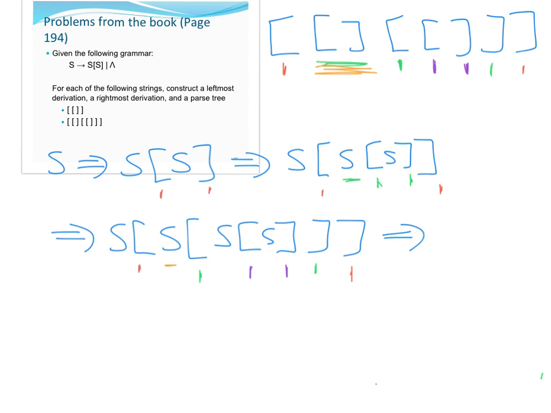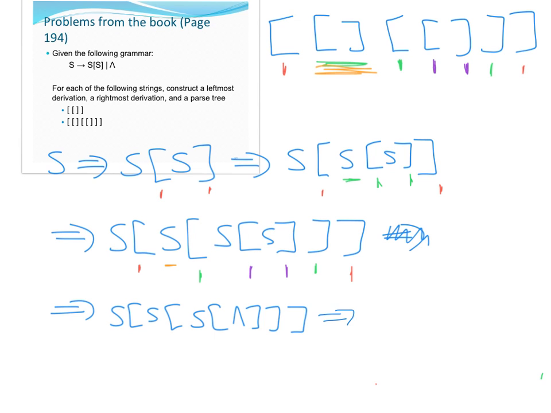So that's going to go to, actually let's go to the next line. Start writing smaller. It's going to go to S bracket, S bracket, S bracket, lambda, bracket, bracket, bracket. Great. And now we need to do rightmost expansion again. This one corresponds to that one, which is just another lambda.